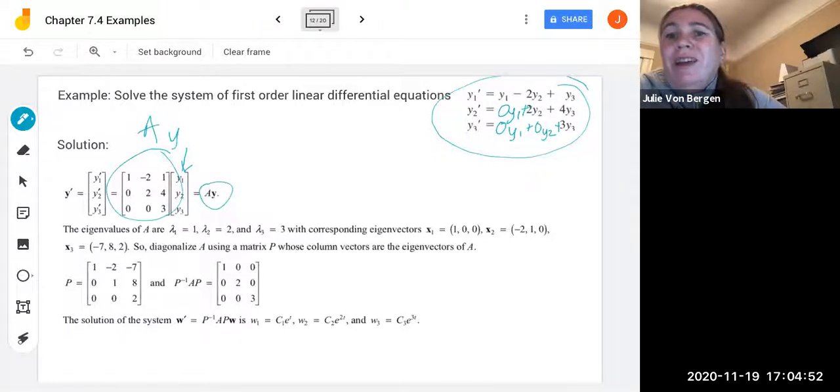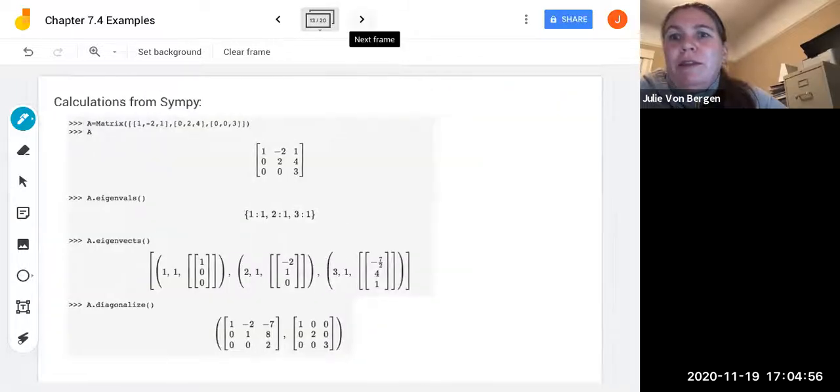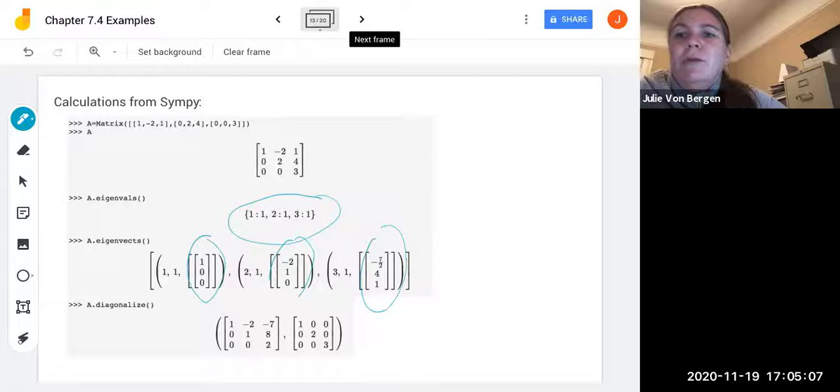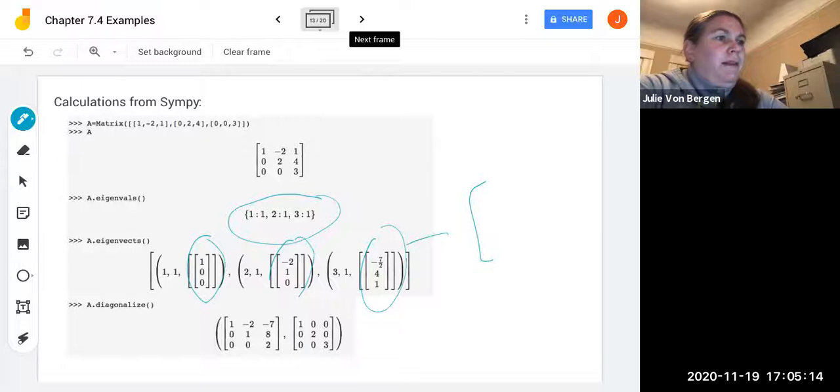And so we're going to use our eigenvalues. On the next slide, I've got my SymPy calculations. You can see each of my eigenvalues has multiplicity 1, and my eigenvalues are 1, 2, 3, and here are my eigenvectors. Remember, it doesn't matter if we use scalar multiples. Like this eigenvector gets doubled in the typed up example, and so those values are -7, 8, and 2.